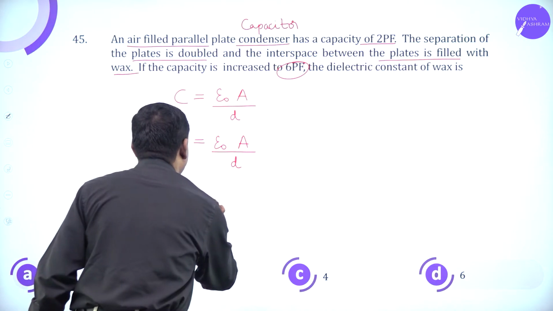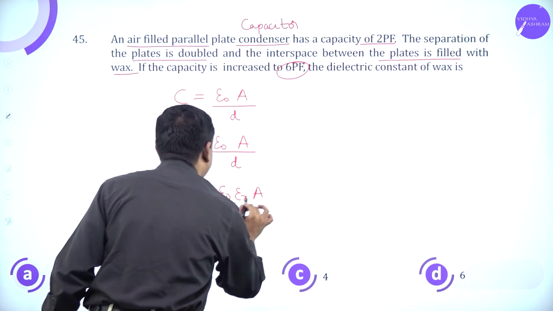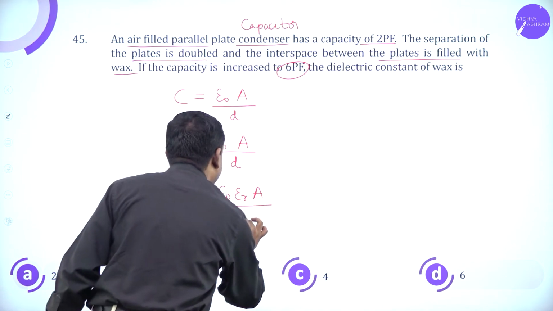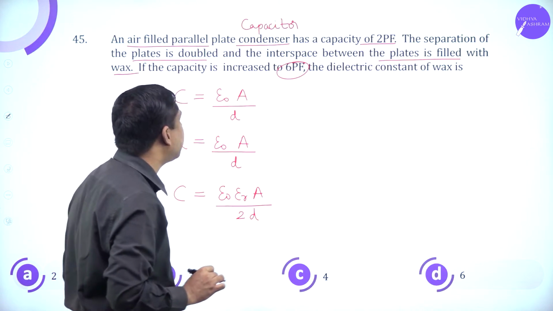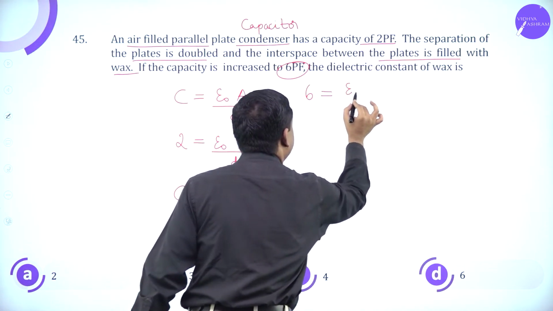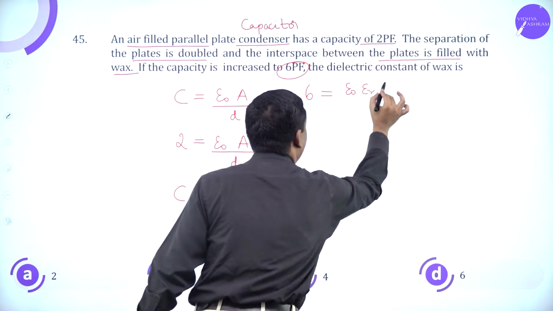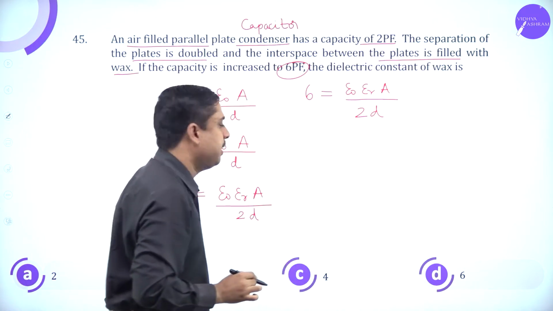Now, material medium, epsilon naught, epsilon R A. Now the space is doubled. So capacitance in this case is 6. So epsilon naught, epsilon R A by 2D.